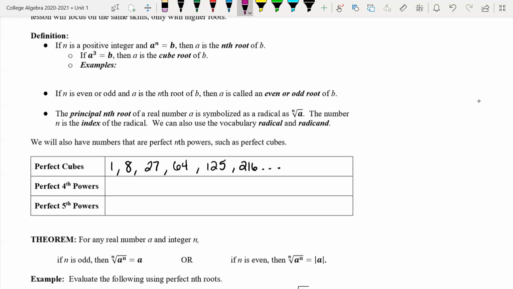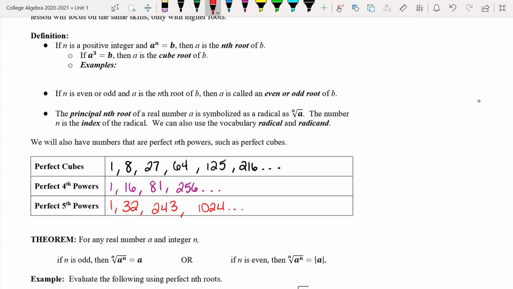Perfect fourth powers: 1 to the fourth is 1, 2 to the fourth is 16, 3 to the fourth is 81, 4 to the fourth is 256. We won't get into anything really bigger than that. And lastly, fifth powers: 1 to the fifth is 1, 2 to the fifth is 32, 3 to the fifth is 243, and 4 to the fifth is 1024. And again, we won't get anything bigger than that.